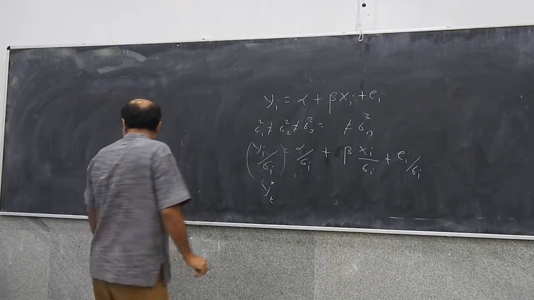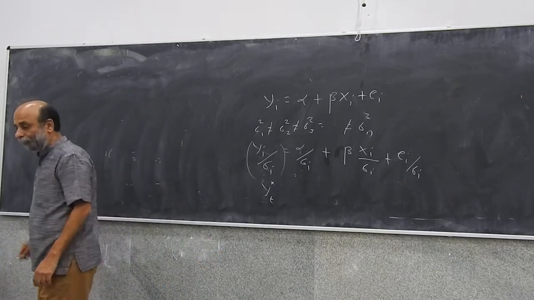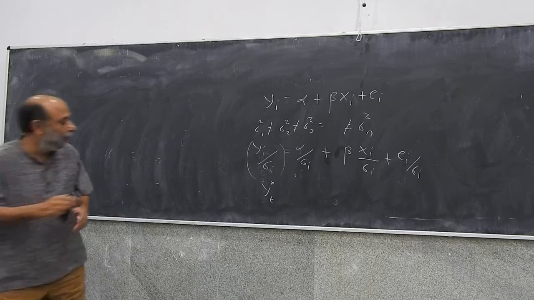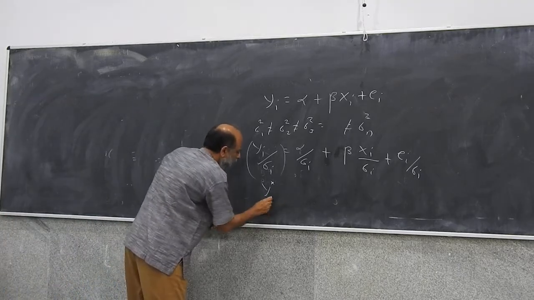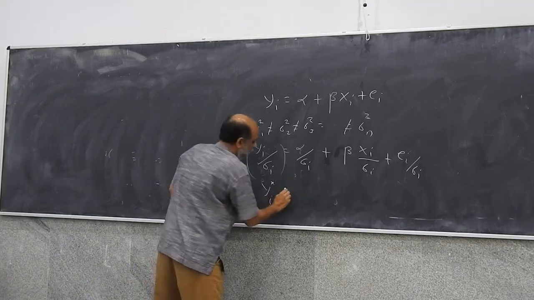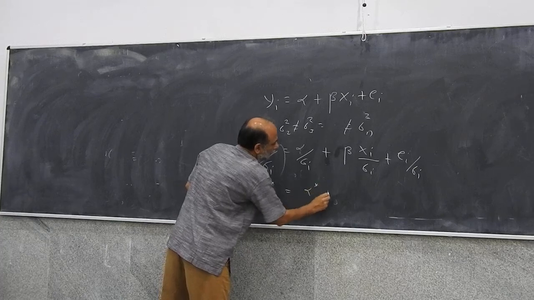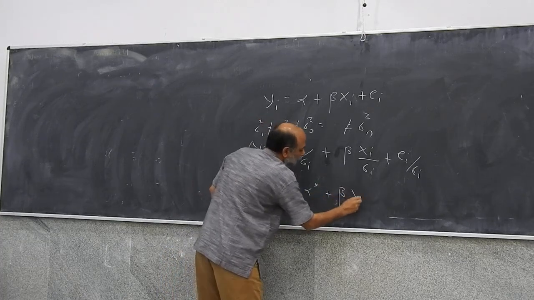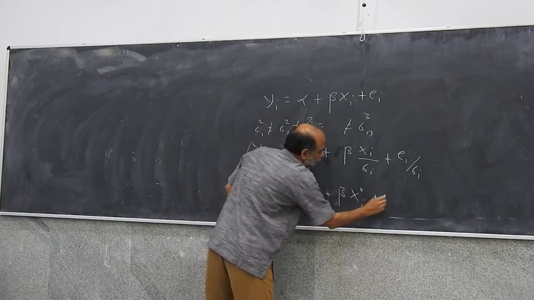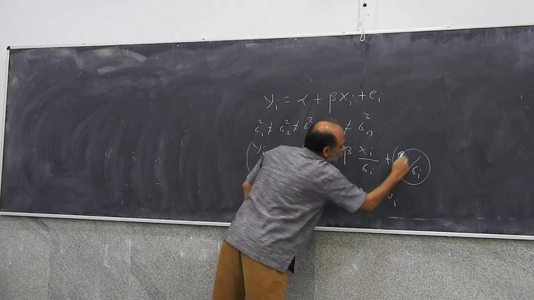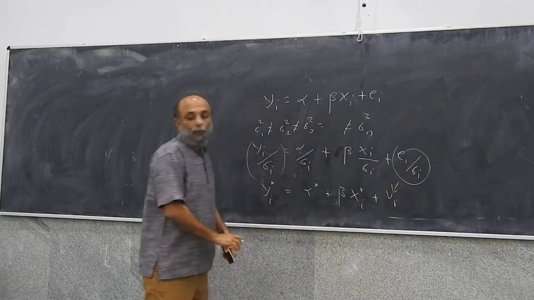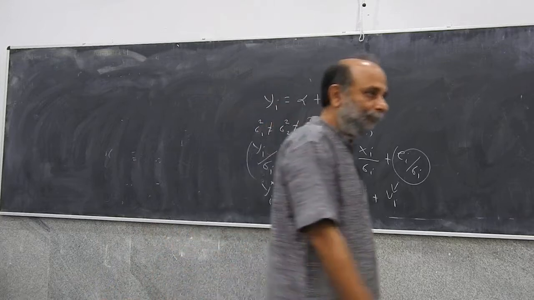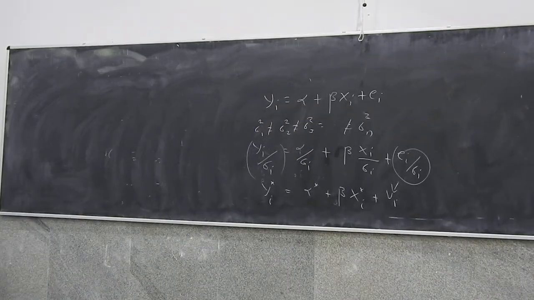Let me call this y star i, and the intercept term alpha star, where this whole error term I will call Vi. So Vi essentially is Ei upon sigma i.